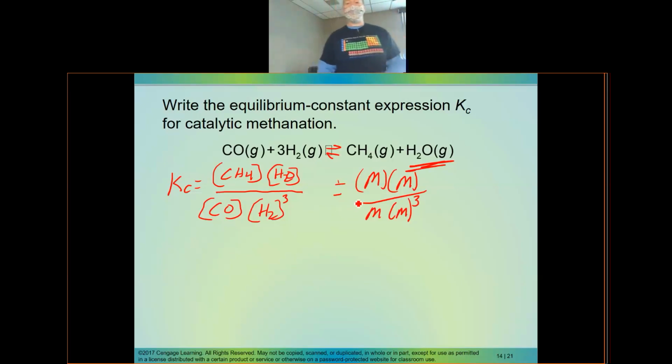All right, so the concentrations are always in molarity. So here you see that molarity cancels that molarity, and this molarity changes that to a 2. And so the units are 1 over molarity squared, or molarity to the minus 2.